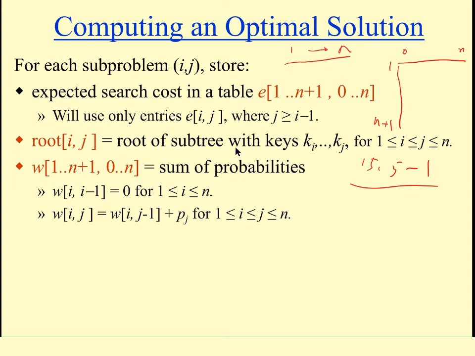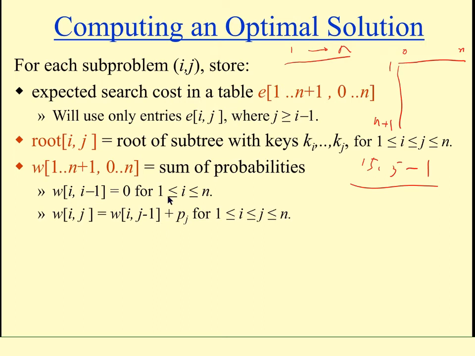This is the root of the subtree with the keys from i to j, for this subsequence in 1 to n. And this one is the sum of the probabilities, that means all the probabilities are summed together. If, for example, j is one less than i, of course this is 0.